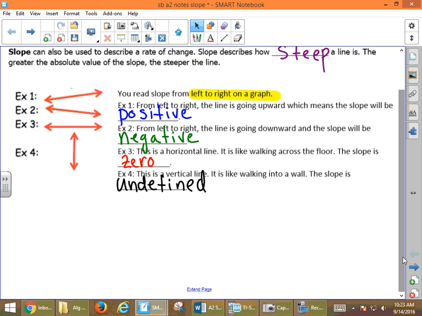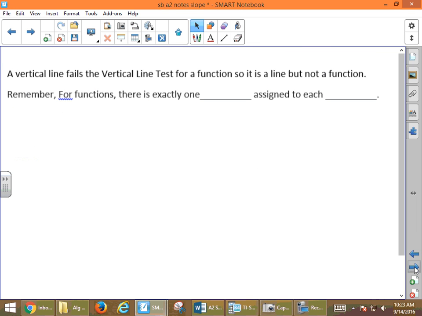Well, there's just a little bit of the basics and one more thing I forgot. A vertical line fails the vertical line test for being a function. It's still a line. It's just not a function. And remember, for a function, that there is exactly one y assigned to each x.